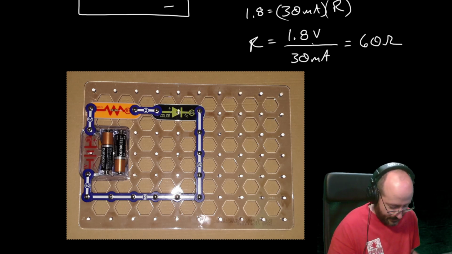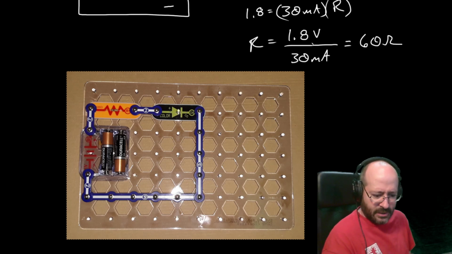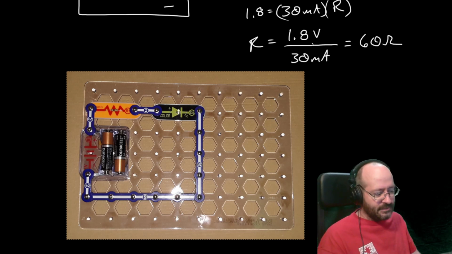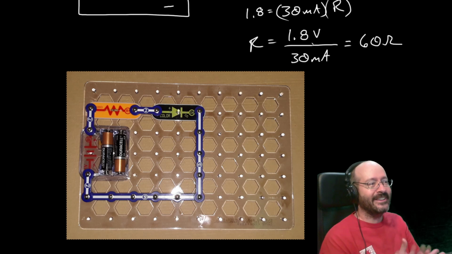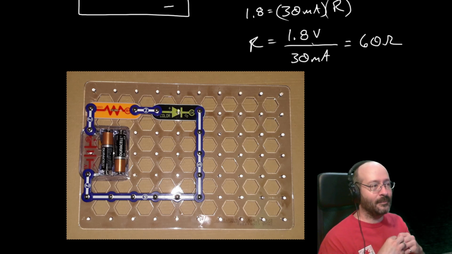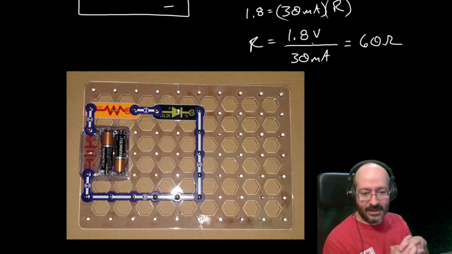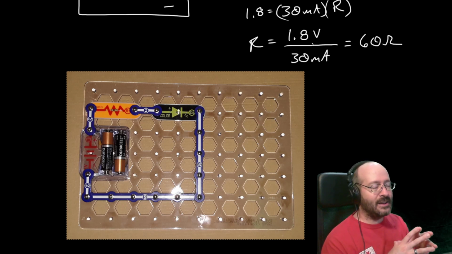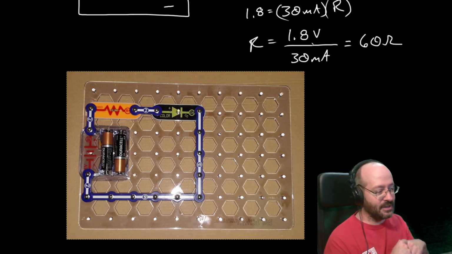I find, not you, because you're just starting out with this stuff, but I find that even some of my seniors have a hard time moving from the schematic to the circuit. The schematic is an abstract representation of it.